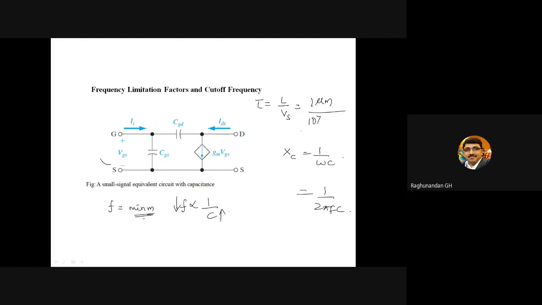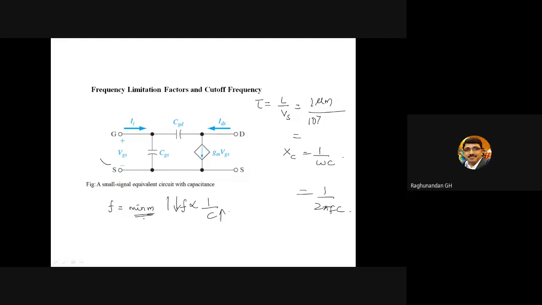Now, when the capacitance is increasing, there will be a change in the transit time also. Transit time is nothing but the charging time, the charges flowing through the capacitor. So when capacitance is increasing, the transit time will also change. From this, what we understand is that under lower frequency the behavior of the capacitance in the equivalent circuit is different.